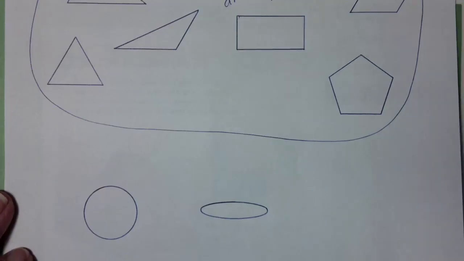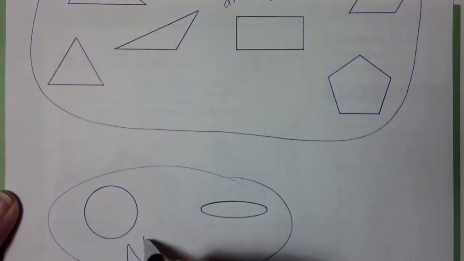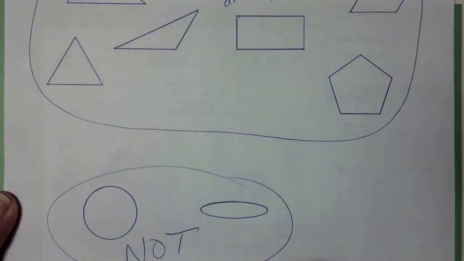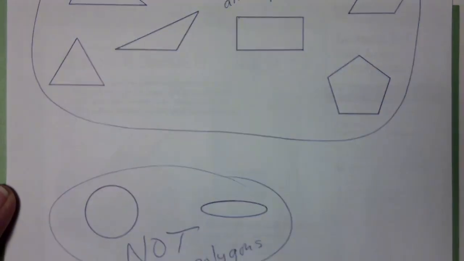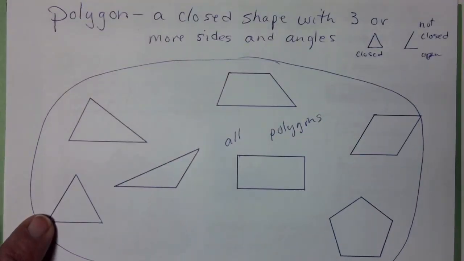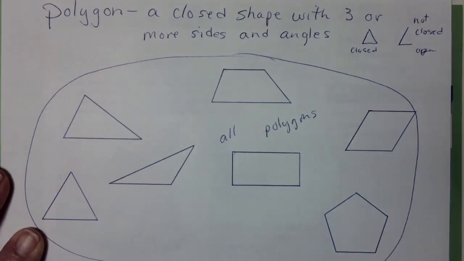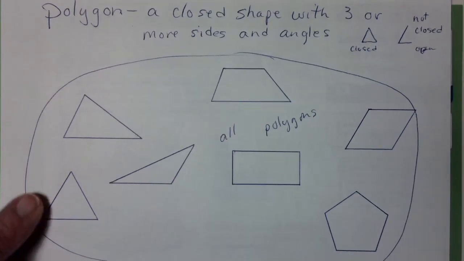But right down here, these are not polygons. So what can you tell me is the difference between these two shapes and these shapes? Well, I know you've all said, although I can't hear you, you've all said these have straight sides.